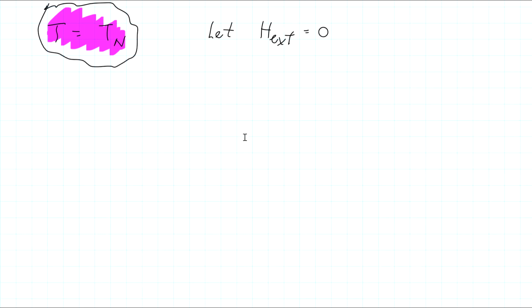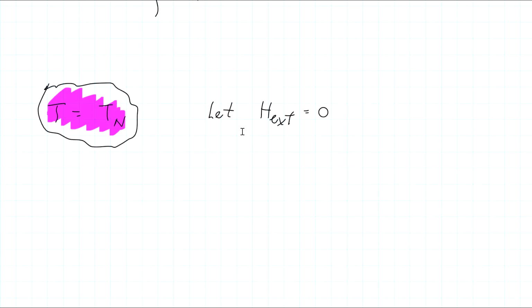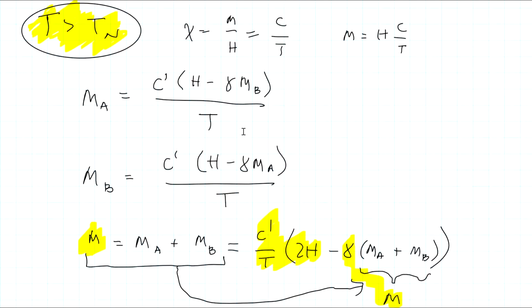Now, if you look at these sublattices, for example for MA, for sublattices, MA is equal to C H minus gamma MB divided by T.